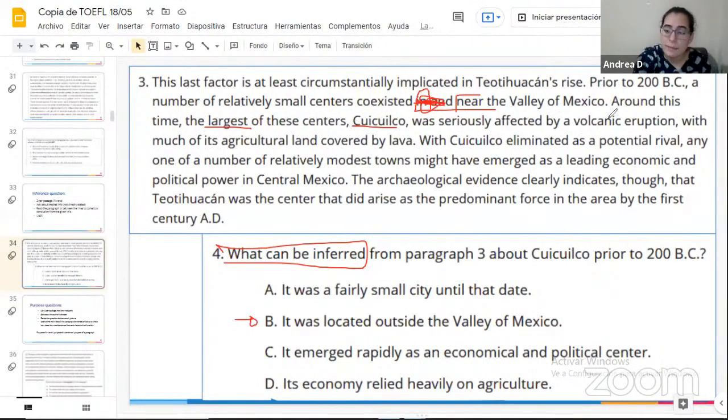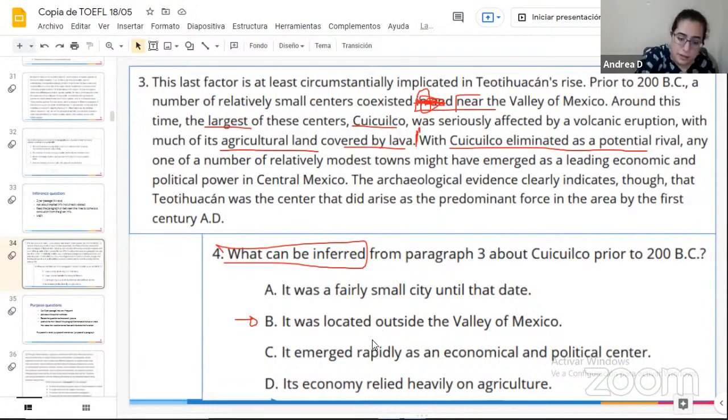Then this volcanic eruption happened, and the agricultural land was covered by lava. So we have the first event, Cuicuilco being a great city. Second, we have the volcanic eruption happening, the agricultural land being covered by lava. And then the third thing that we know is directly that Cuicuilco was eliminated as a potential rival, right? But something's missing here. They're not really explaining why Cuicuilco was eliminated as a potential rival. And that's what we need to figure out.